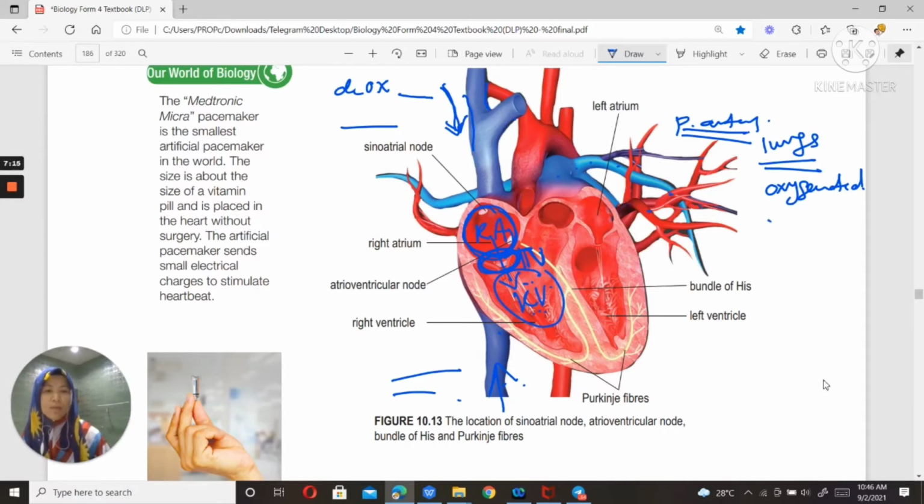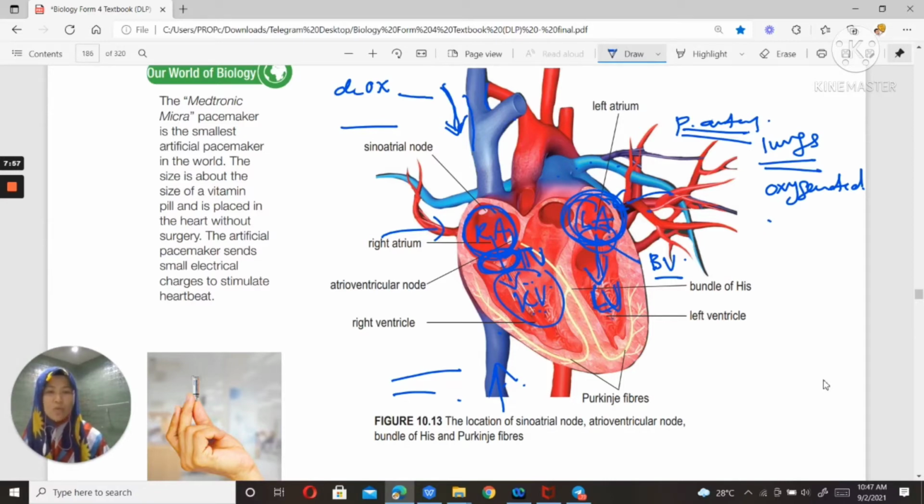When the blood fills your left atrium, the left atrium will contract to push the blood into the left ventricle. Next, look at the valve here, the bicuspid valve. The bicuspid valve will close to prevent backflow.